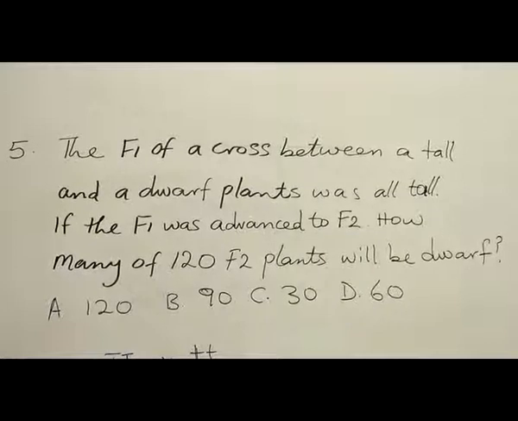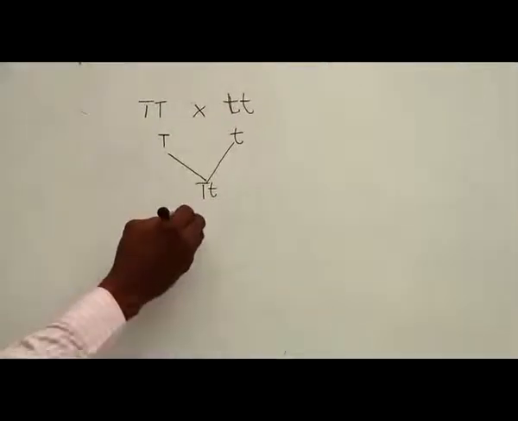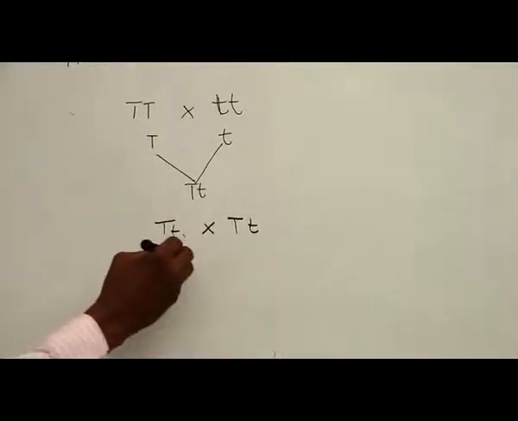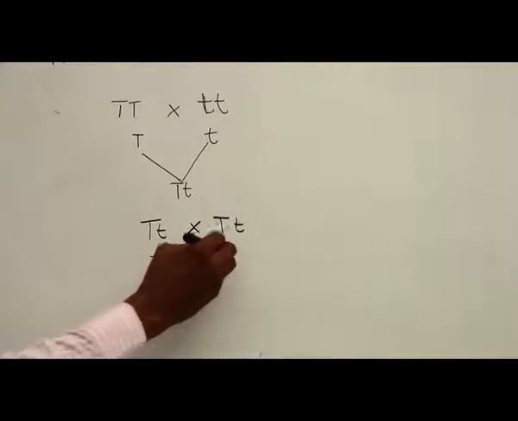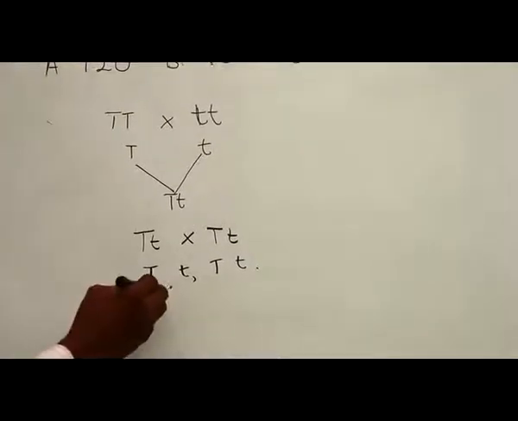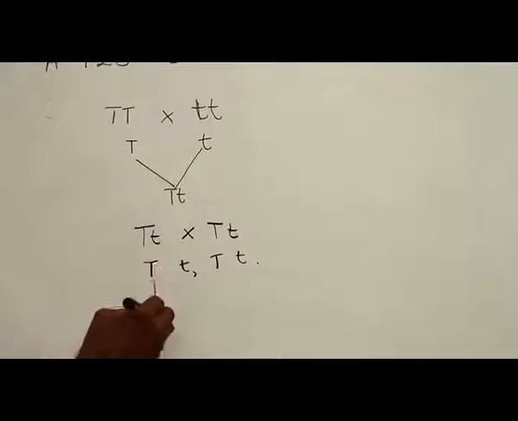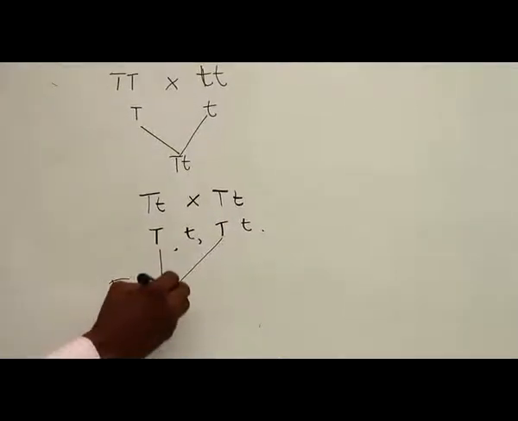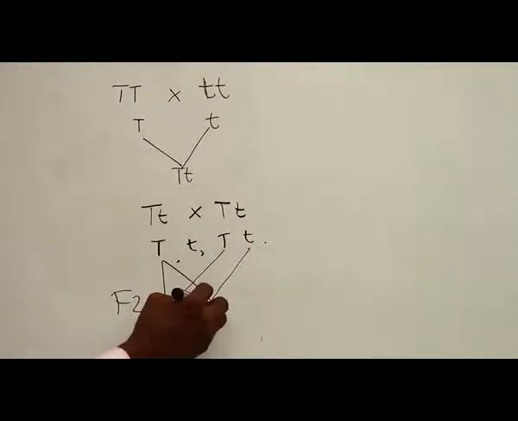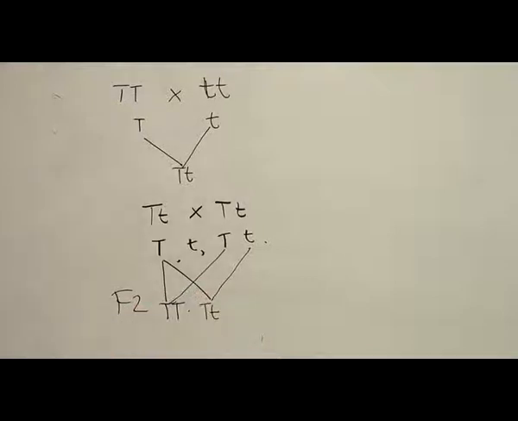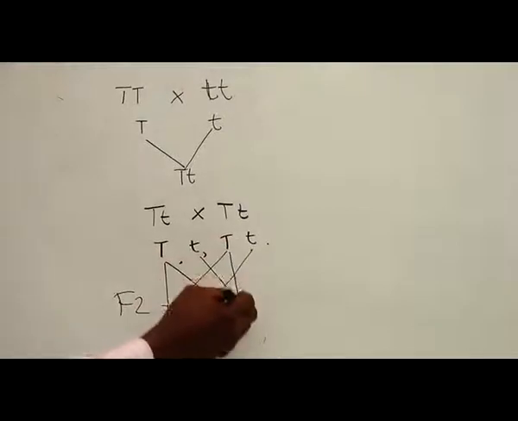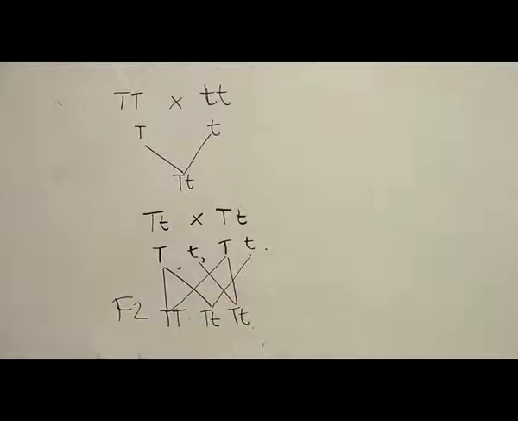Now, in the second generation, you advance this one. This is crossed with this. Then we have tall and short, or dwarf, gametes. Then the second generation, F2, will be this to this, we have heterozygous tall. This to this, heterozygous tall. This is homozygous tall. This to this, another heterozygous tall.